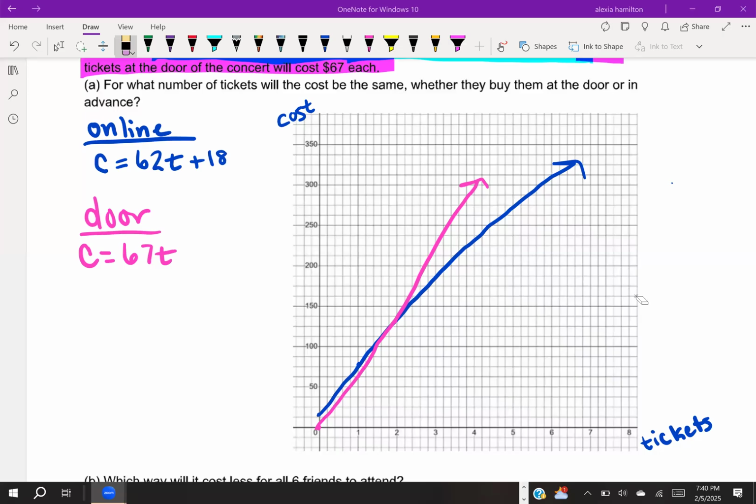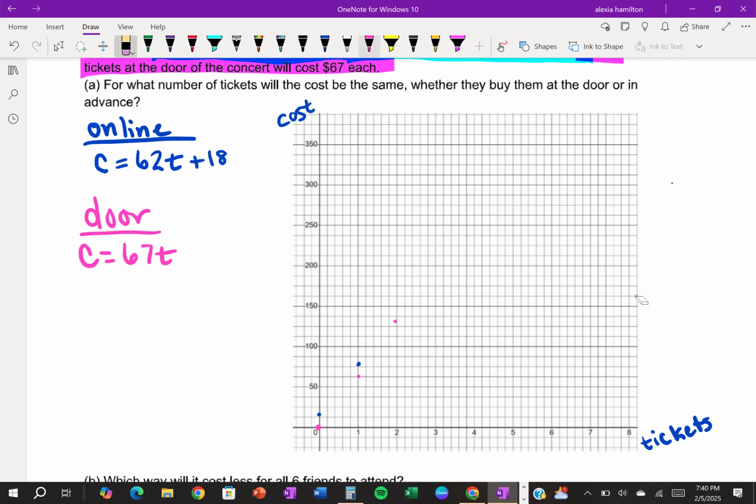So after that short break, my calculations, besides my graphs being ridiculously off, say that they should be crossing somewhere over here. So I'm going to say that this one is the one that's off.